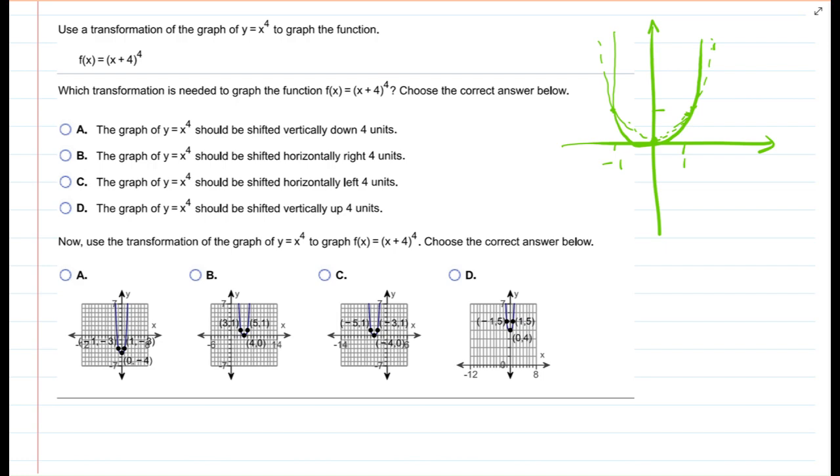So if I shift point (1, 1) to the left by 4 units, it becomes 1 unit, 2 units, 3 units, and 4 units. It becomes point (-3, 1).